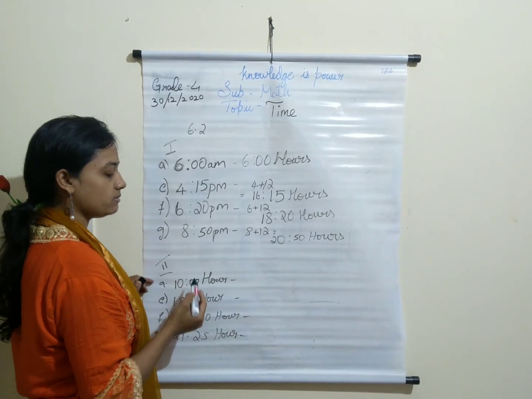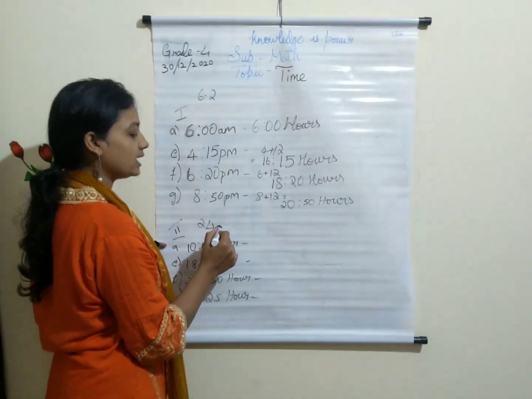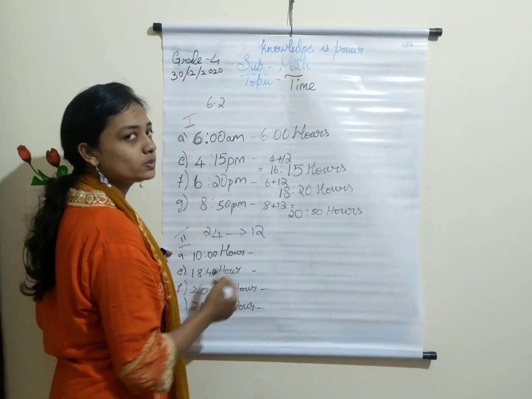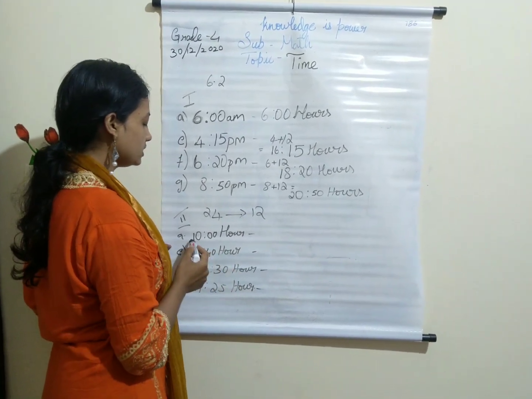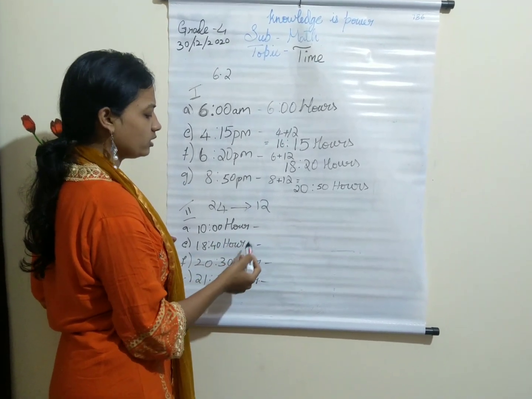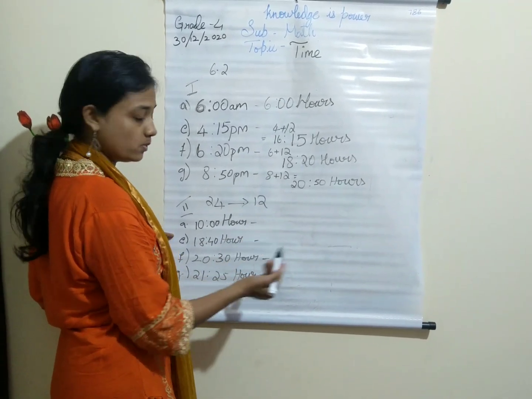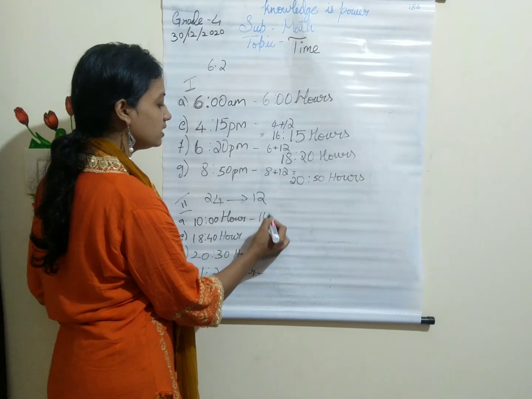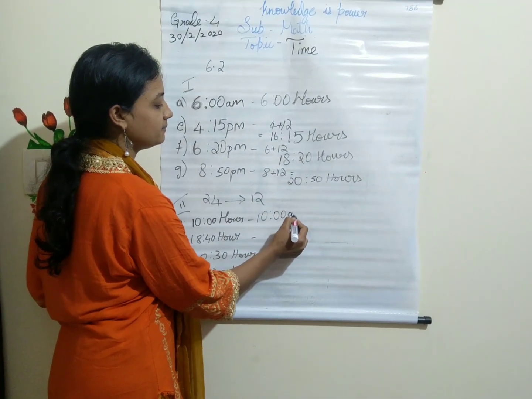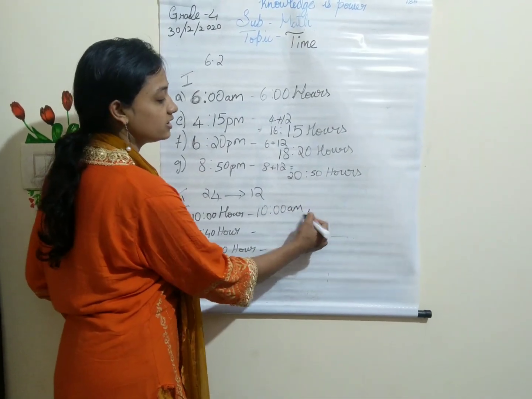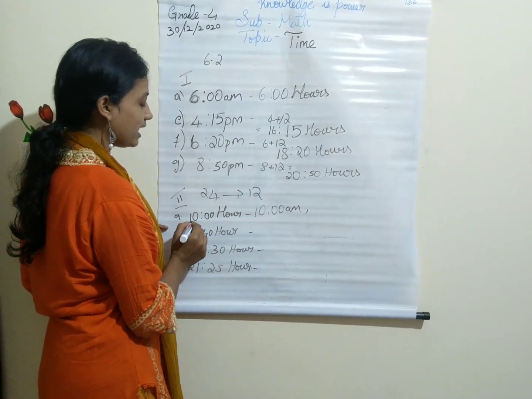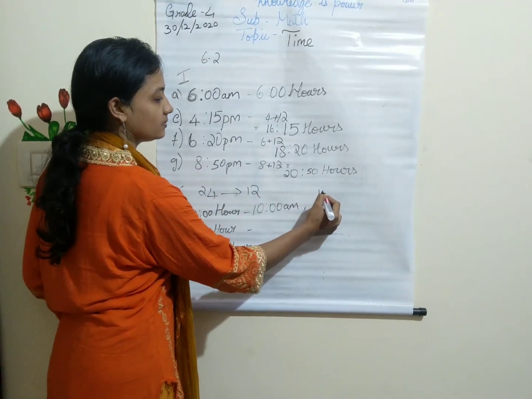Next we'll go for the second main, where you have 24 hours time, and you should convert it into 12 hours time. So it is 10 hours and they have not mentioned whether it's AM or PM. So let us write it in both. First one will be 10 o'clock AM, which is normal. If it is PM, it will be 10 minus 12.